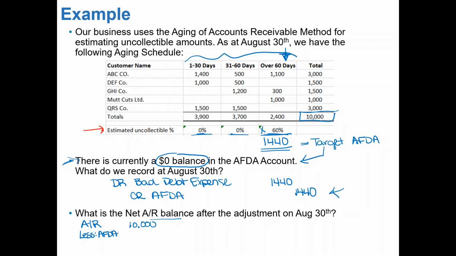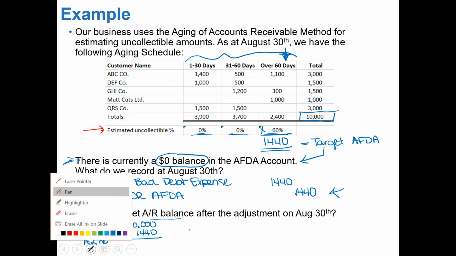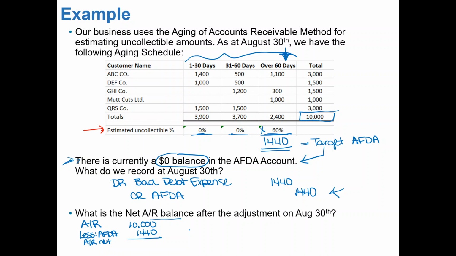We now have 1,440 in the AFTA account. And we get down to this AR net. If we subtract that, we have $8,560. That's our carrying amount. Okay, so this is nothing new, but we'll continue this on.